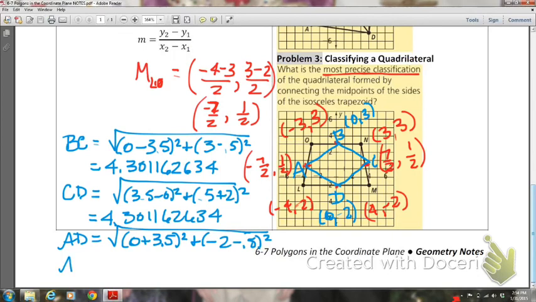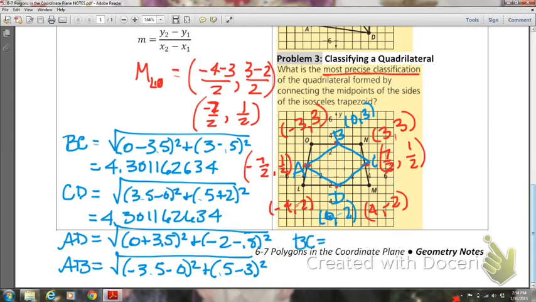And between A and B, same thing. Look at the difference between your x's. You have (negative 3.5 minus 0) squared plus (0.5 minus 3) squared. Plug that in, and it is the same as well. So you have BC equal to CD equal to AD equal to AB.